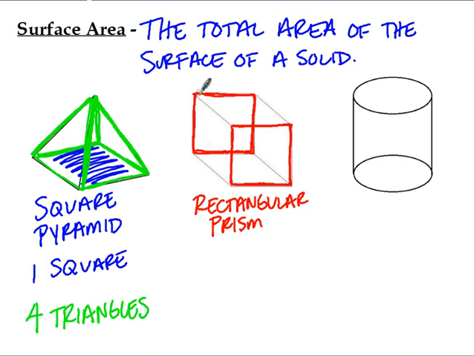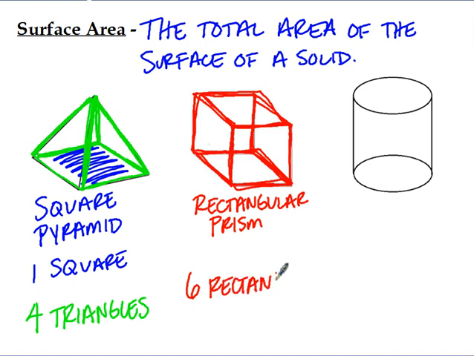And then you have this one over here on the left side is 3. The top would be 4. The right side is 5. And then the bottom there would be 6. So whether they're squares or rectangles, you're still going to be taking length times width. So that's just 6 rectangles there.